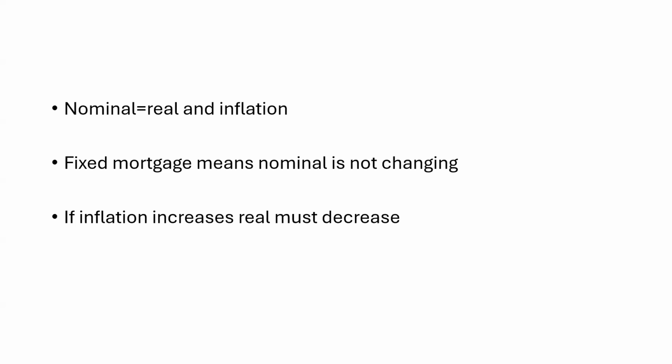So if nominal is steady and inflation increases, real has to go down. Think of it like this: if nominal is 8, real's 3, inflation is 5. If inflation goes to 7, real has to go to 1. It has to go down. So therefore, it's C as in Caroline.